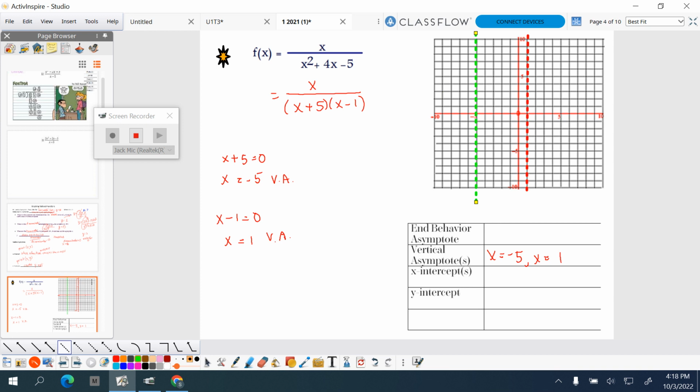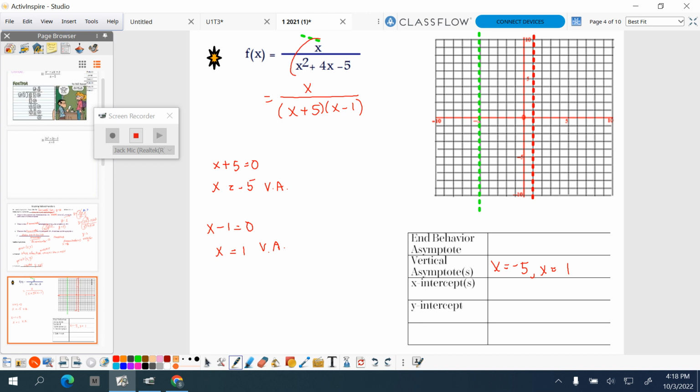I have no idea, but we can still find some other information at this point. I do want to do horizontal asymptotes, and the reason is I want to look at these leading x terms in the original. Remember I said if the exponent in the top is smaller than the one in the bottom, then my horizontal asymptote here is y equals 0. So we're going to write that down.